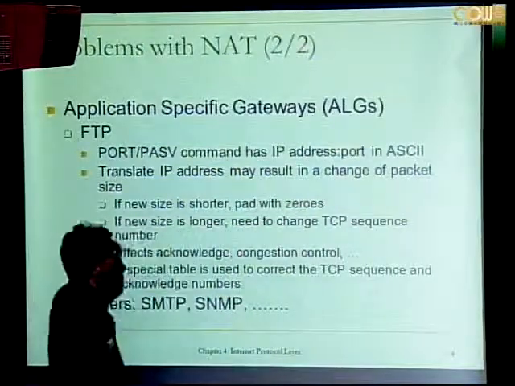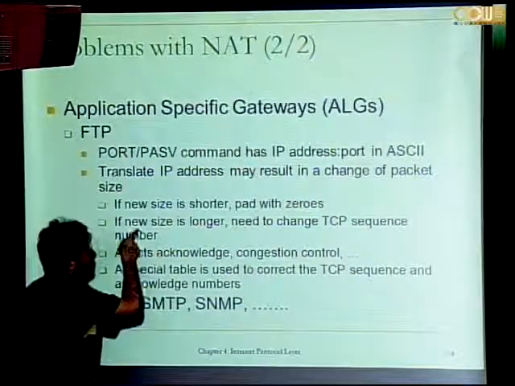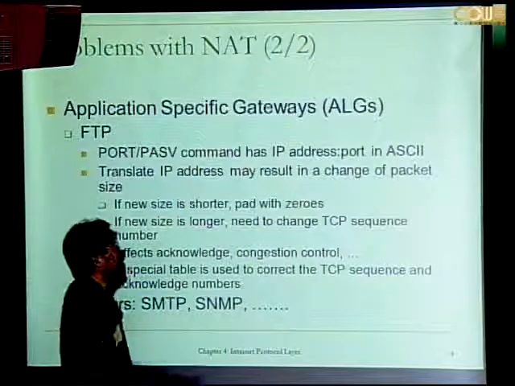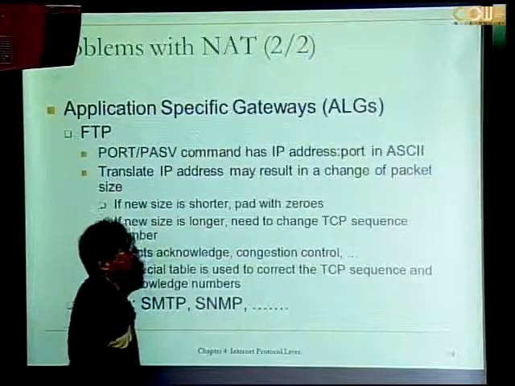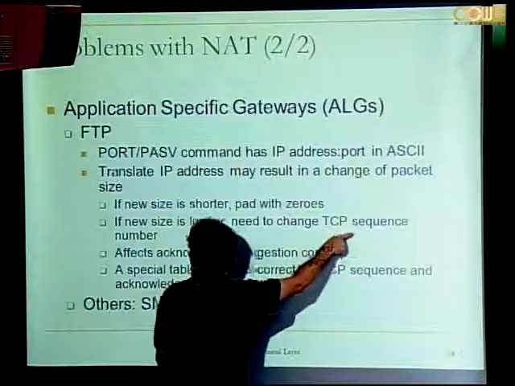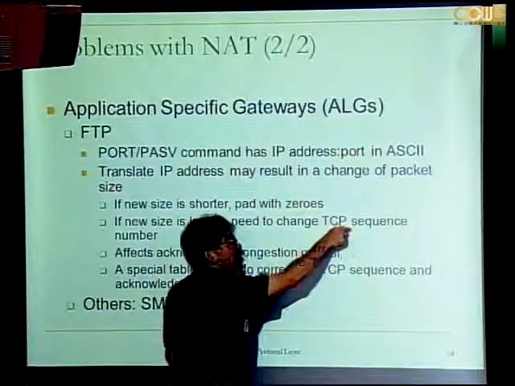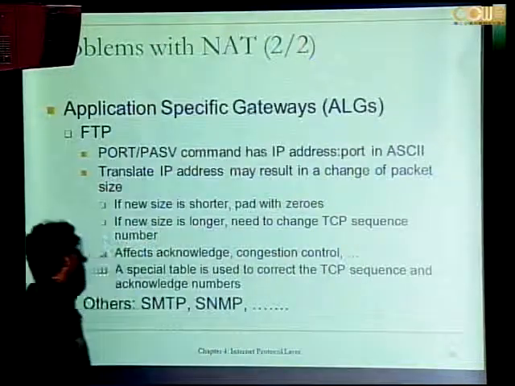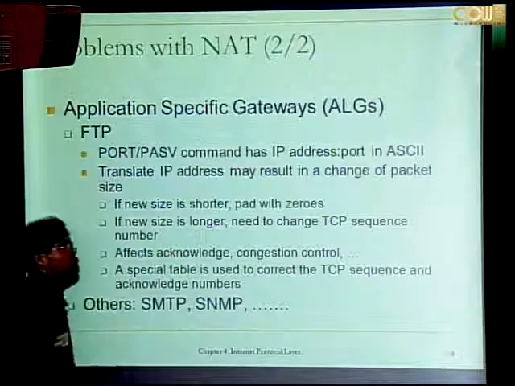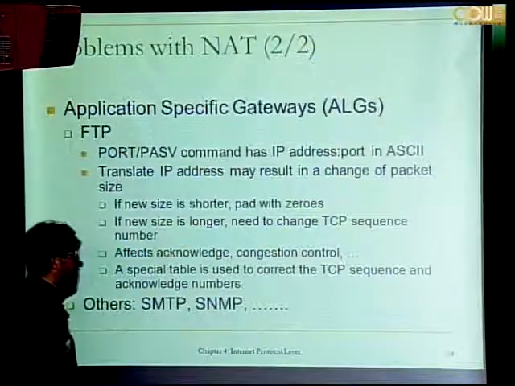If the new size is longer, now you need to change the TCP sequence number in the TCP header, and this is covered in chapter 5. And then eventually you will need a table to do the mapping of the TCP sequence.